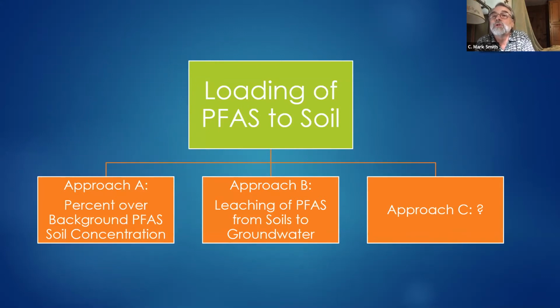Second approach, approach B, is to really focus on the leaching of PFAS from soils to the groundwater and then establish limits that would not lead to exceedances of our drinking water standards and guidelines. And an acknowledgement that there may be other approaches, approach C here, which could involve a combination of A and B or something else completely.